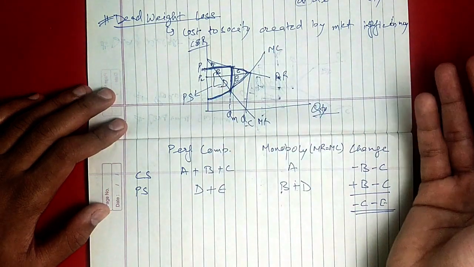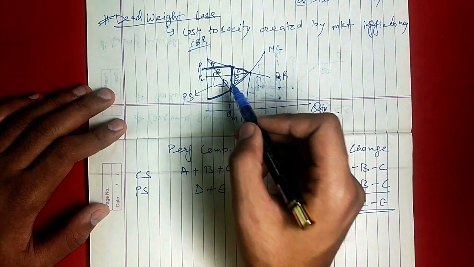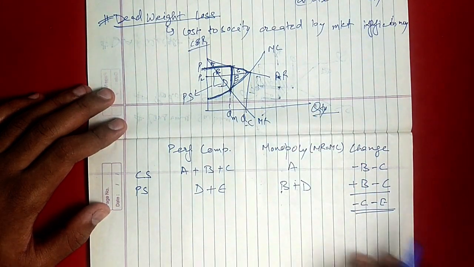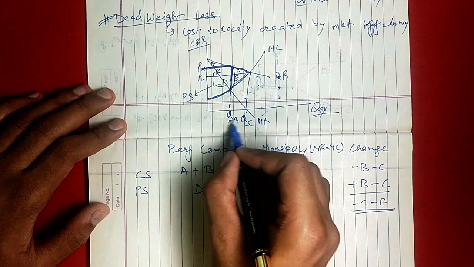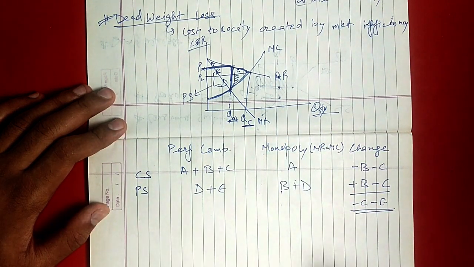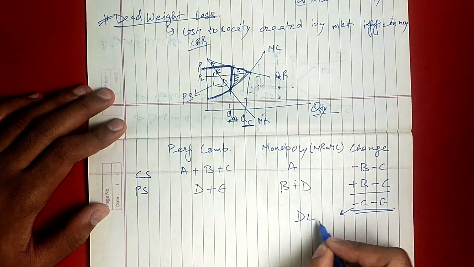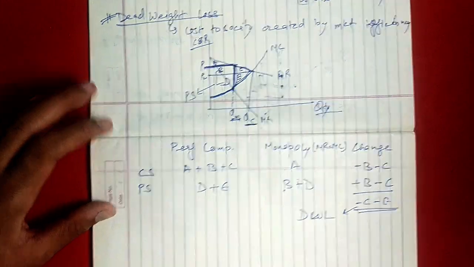It doesn't go anywhere in society, so it is just a cost to society. There's a loss of welfare in the economy due to the inefficient output QM that the monopoly has produced, rather than QC, the output at the perfect competition level. So this is the deadweight loss, DWL. Got it?